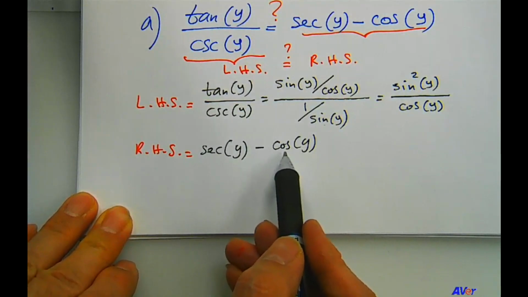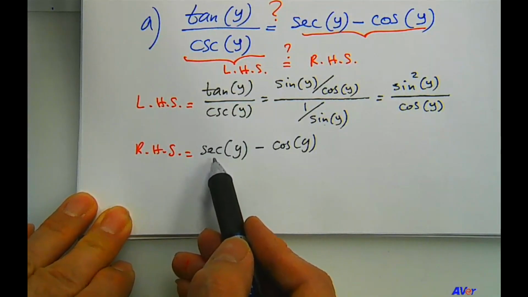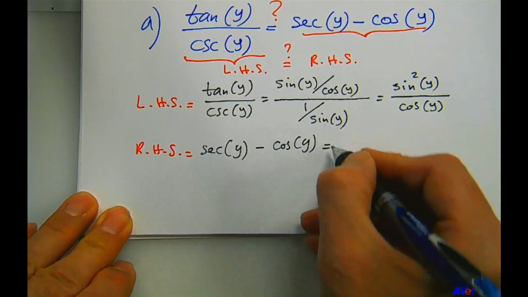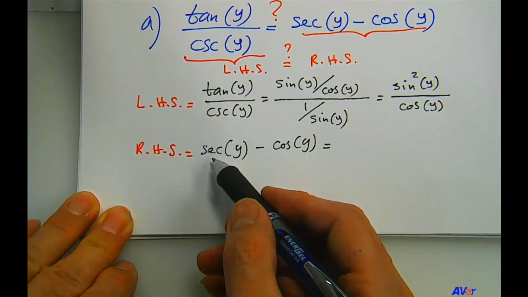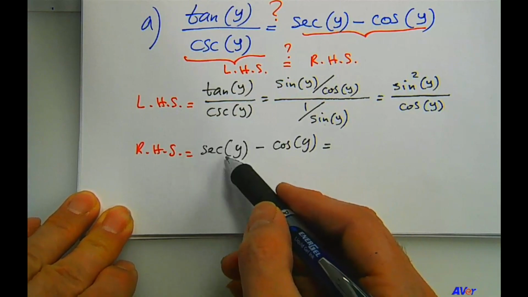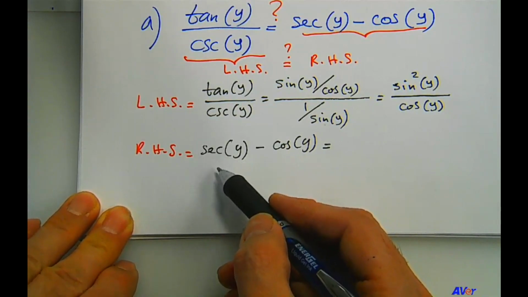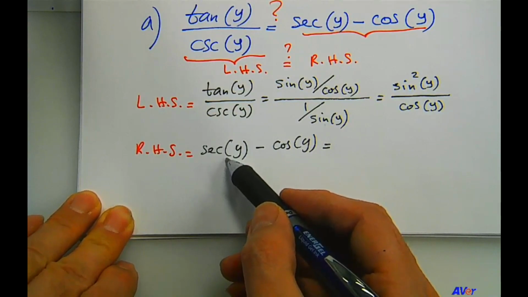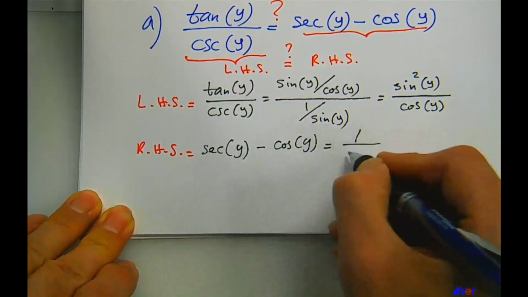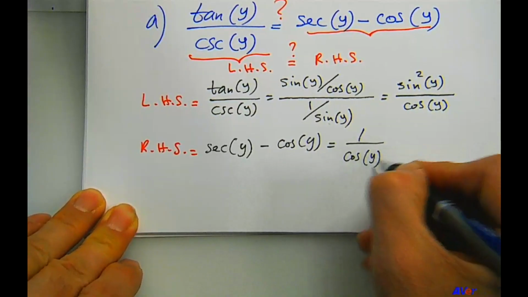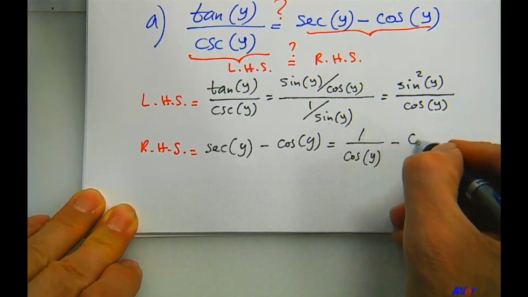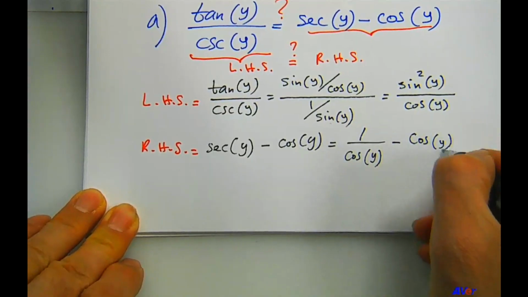It's a basic trigonometric function, but this we can. Secant function is equal to the reciprocal of some function. What function is this a reciprocal of? Do you remember? Secant function is the reciprocal of cosine function. So replace it with that. 1 over cosine of y minus cosine y.